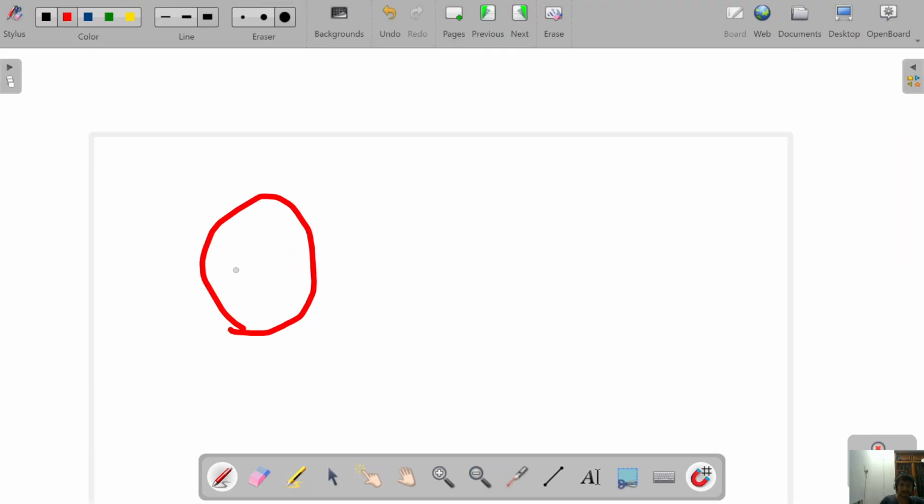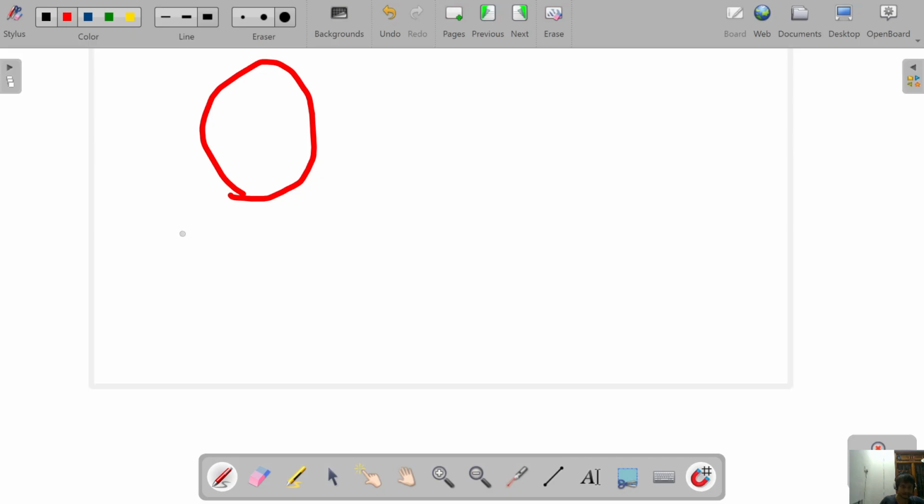The density of the gas rho is equal to 2 kilogram meter minus 3. This is the density of the gas.